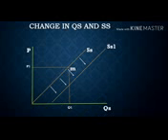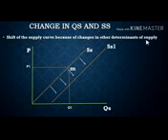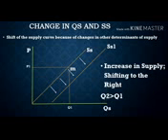Now let's say supply has increased. You see supply increased from SS to SS1. Why? Because of other determinants of supply. This is a shift of the supply curve because of a change in other determinants of supply. If you ask who those other determinants are, after finishing the concept on this slide we will look at them in detail. So from SS to SS1 is an increase in supply, in other words shifting to the right.